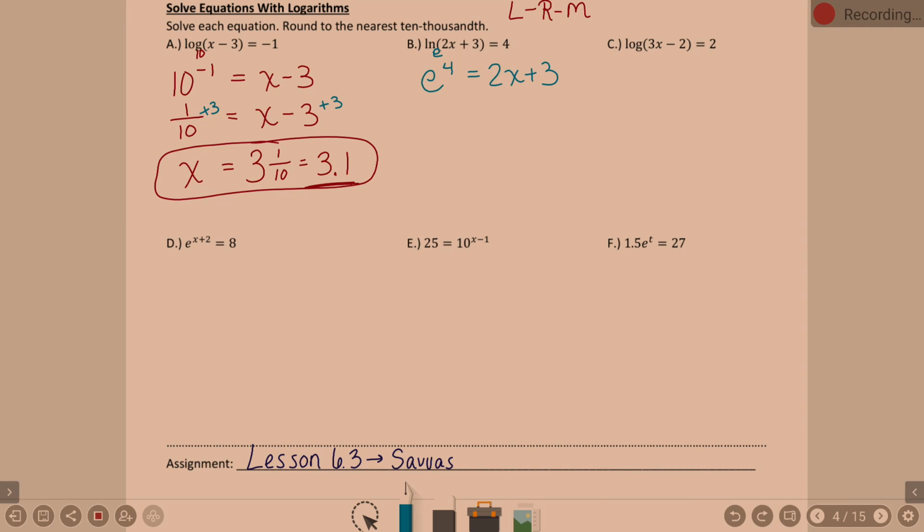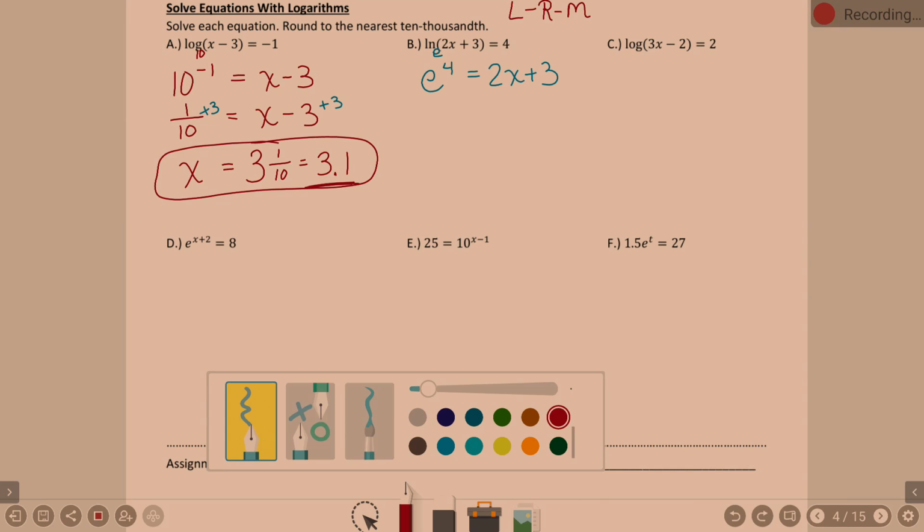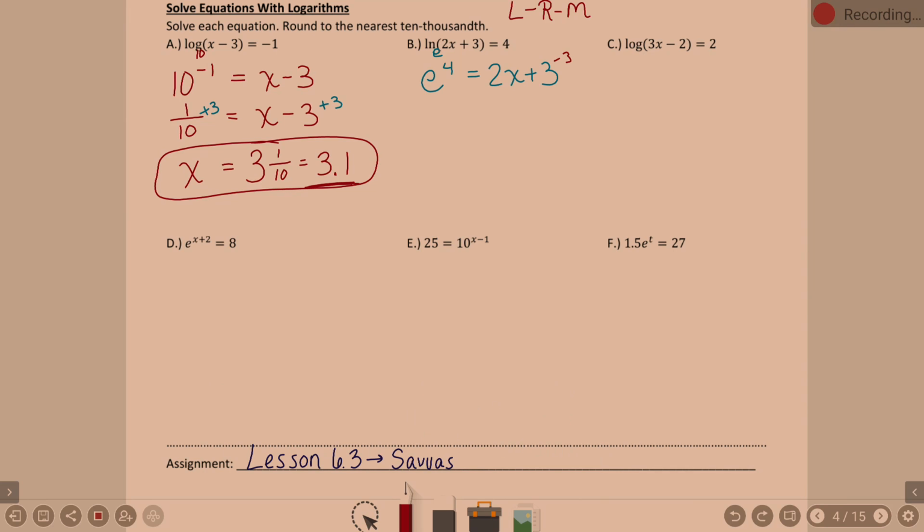How do I solve for x? Subtract 3, yes. Since it's 2x plus 3, we're going to subtract 3. So as I write that out, I have e to the 4th minus 3 equals 2x.